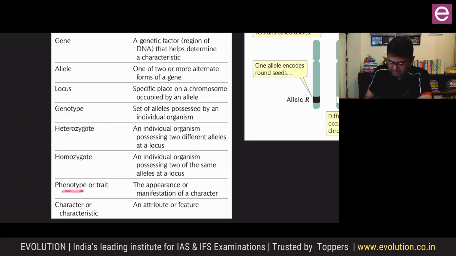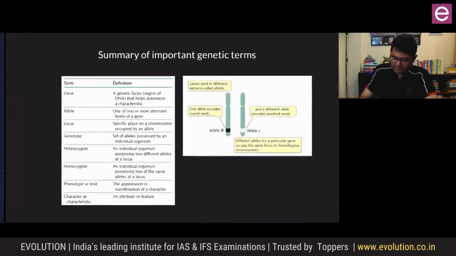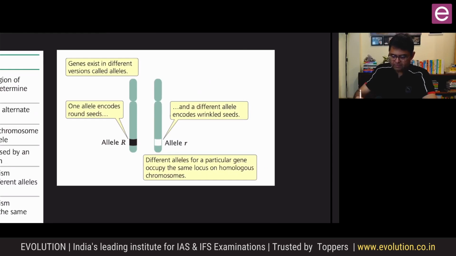Phenotype is what kind of manifestation of a character we are seeing. For example, for height, which is a character, what is the phenotype? It is tall or dwarf. For flower color, that is a character. What is the phenotype? It could be purple or white. And any diploid individual, including we the human beings, will possess 2 sets of chromosomes.